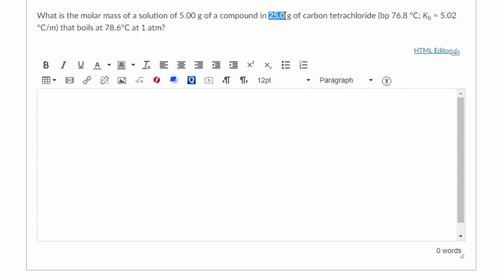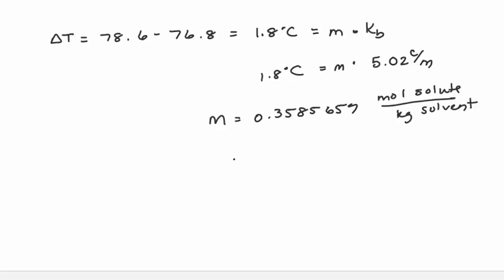Now we were told, go back to the problem here, 25.0 grams of carbon tetrachloride is my solvent. So because I'm told that I have 25 grams, I'm going to set this up like this.